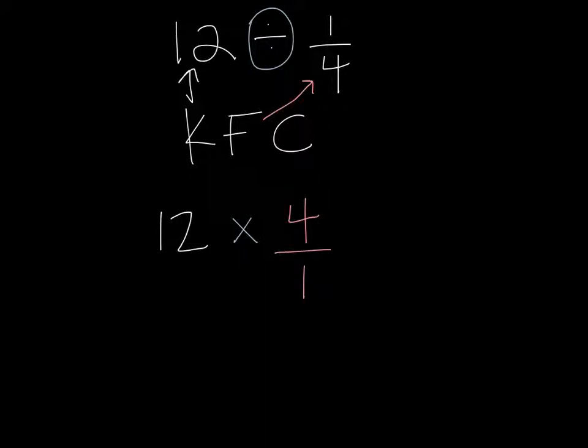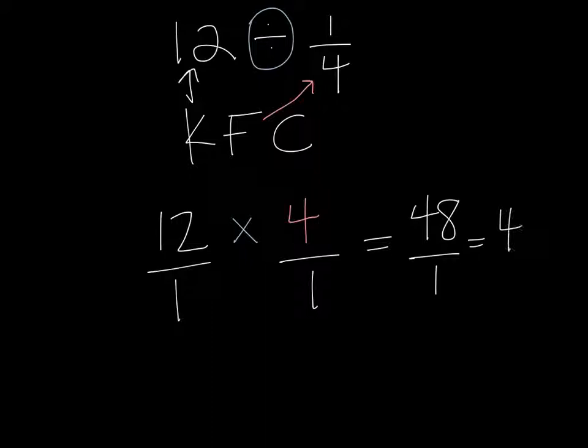Now I have 12 times 4/1, and I know that 4/1 is the same as just the whole number 4. If I wanted to make both of these a fraction, I would put 1 under my whole number. 12 times 4 is 48/1, and so I would simply write that as 48.